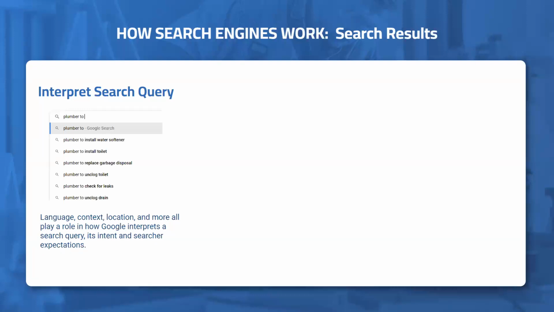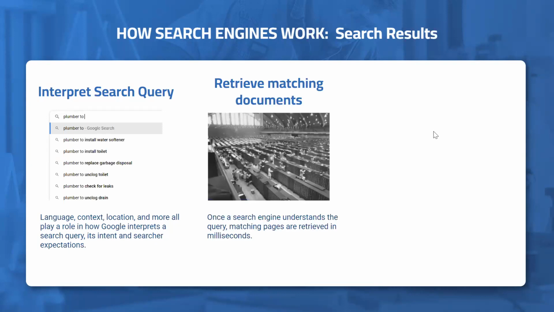They've been at it for 75 years at least and still working on it. Once the search engine has an idea of the intent behind the search query, or many possible intents actually, they retrieve from their index, their card catalog, their virtual catalog, all of the pages that match the criteria of that query. Just anything that matches, the first step is getting it there.